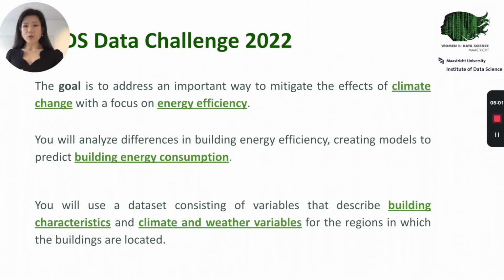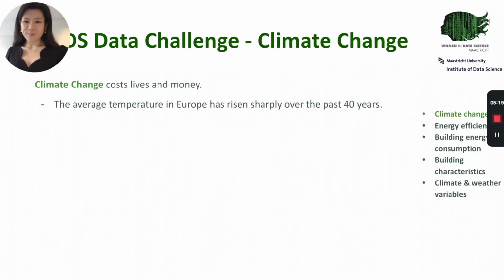So for this background introduction, I will focus on the words: climate change, energy efficiency, building energy consumption, building characteristics, and climate and weather variables. I will explain the background based on those keywords.